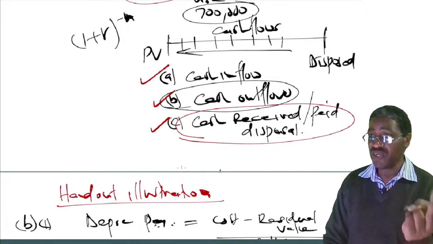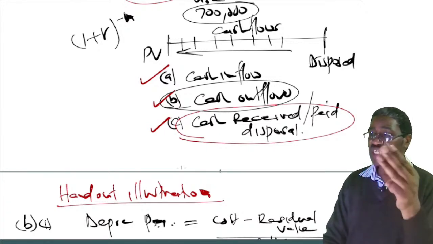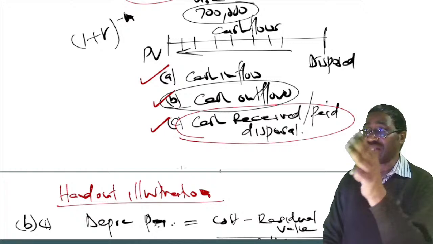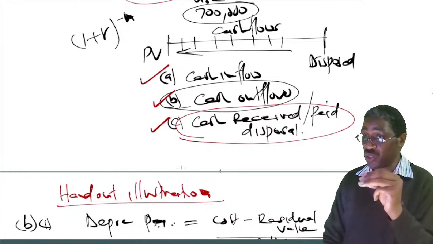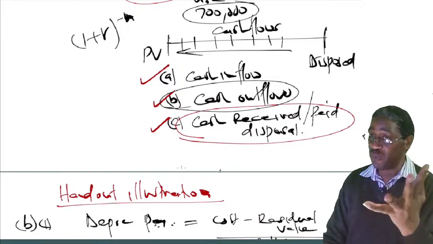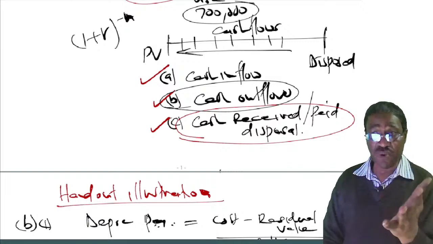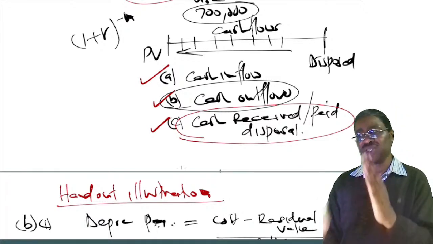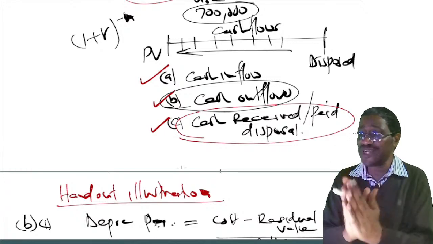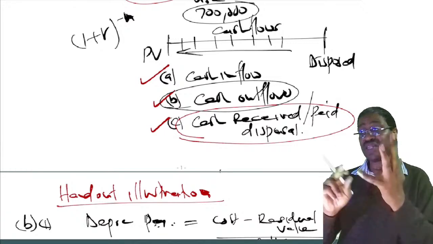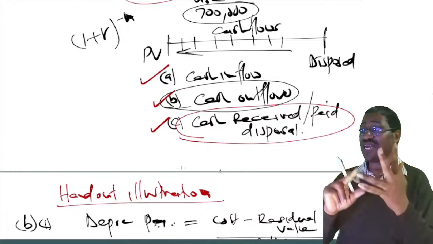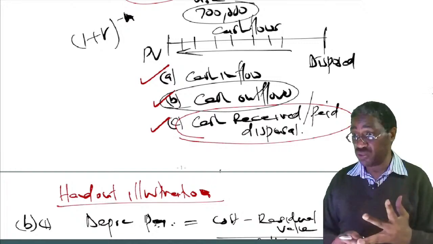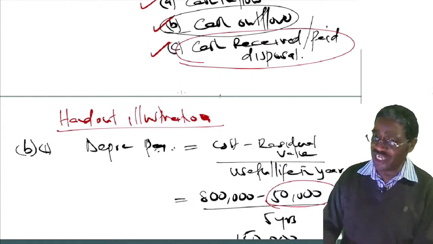Third is cash received or paid at the date of disposal. This question has it. Most of your past papers just give you the cash inflows that are expected to be generated. Nothing like cash outflow, nothing like cash received on disposal. But this question, I hope you are getting my point.